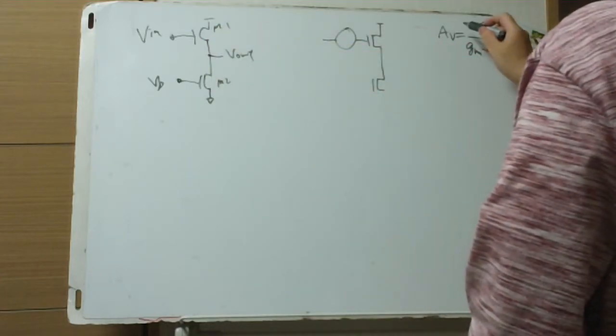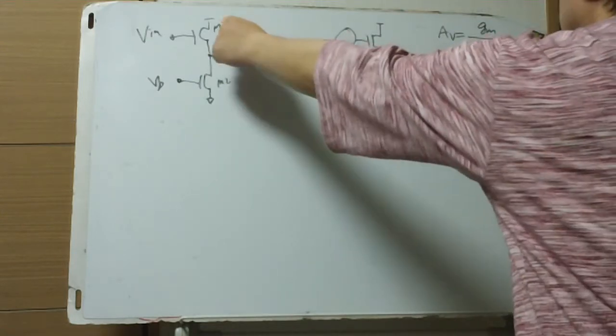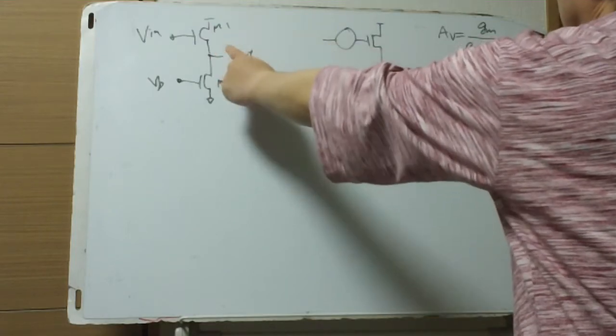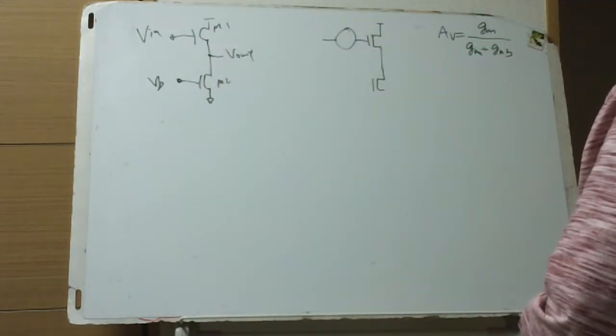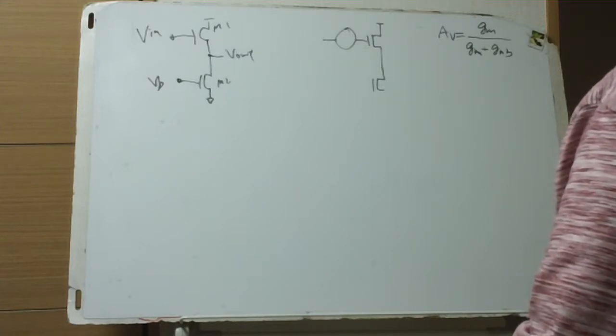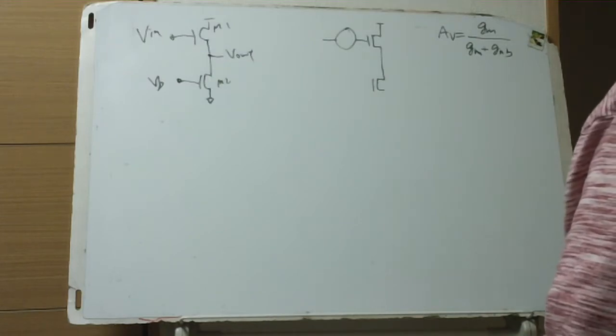This is an approximation because there are output resistances looking from the output, RO1 and RO2 also, but these are much larger than 1 over gm1, so we can neglect these.